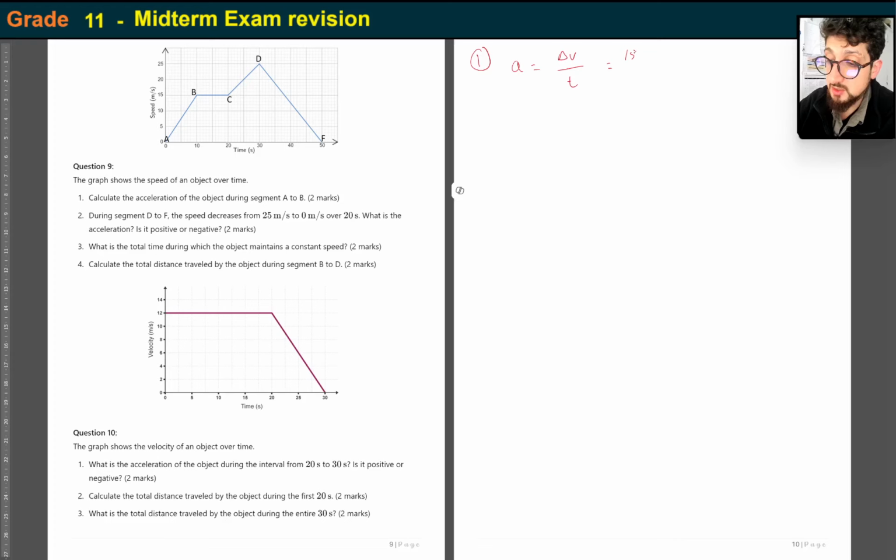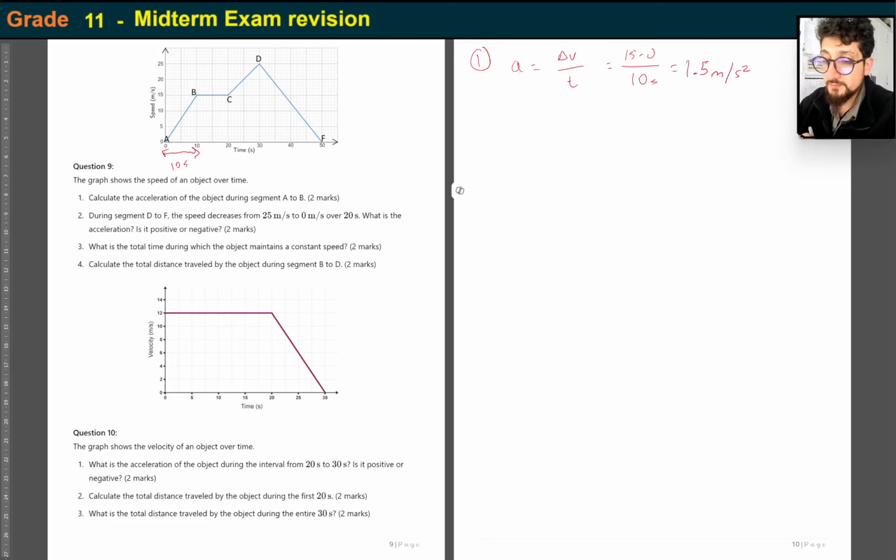So since we're looking at section A, you'll notice that the final velocity is over here, 15, and the initial velocity is over here at 0. So it's going to be 15 minus 0 all over the time, which is 10 seconds, because we're only interested in this segment over here, and this segment is 10 seconds. And so it will be 1.5 meters per second squared.